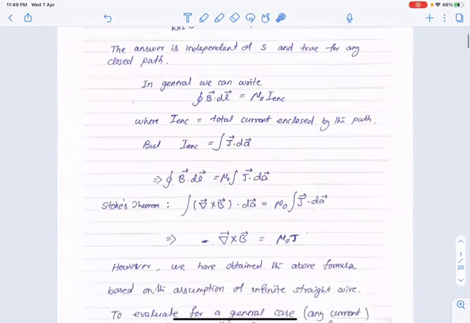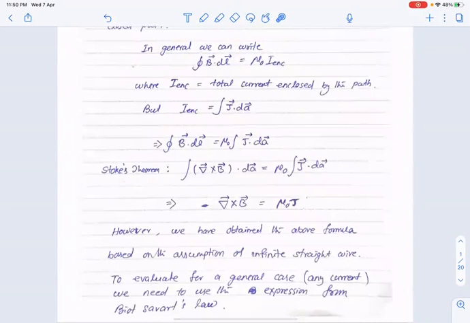Then you use Stokes' theorem and convert this B dot dl into del cross B dot dA, so both become area integrations. From that you can obtain the general formula, del cross B equals mu 0 J.